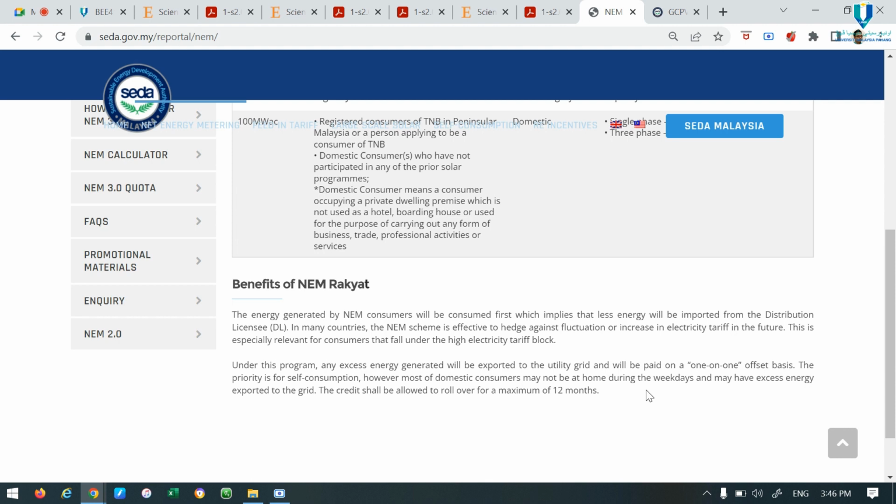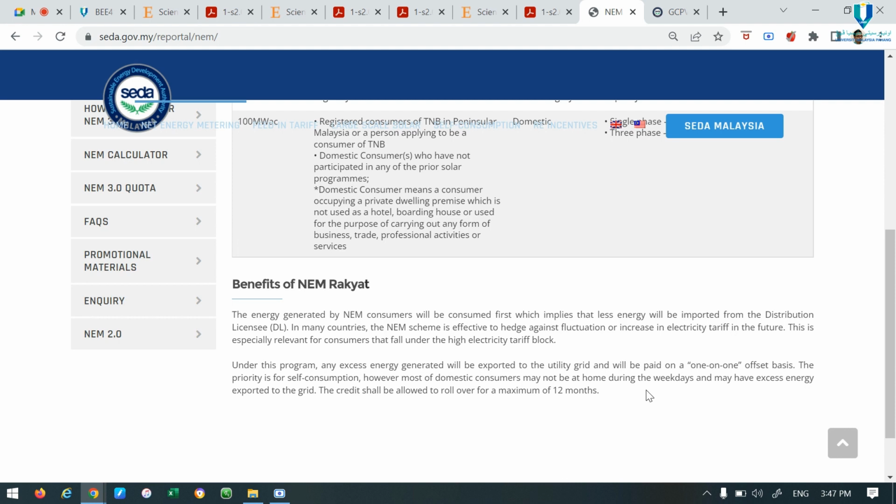But if you generate 300 kilowatt hours, and next month you use only 100 kilowatt hours, the remaining 200 kilowatt hours will be brought to the next month. It means next month the 100 ringgit is free.